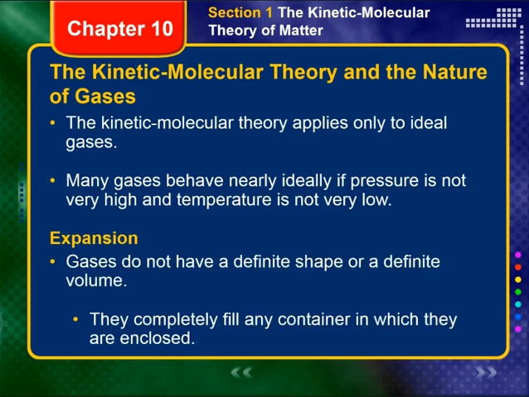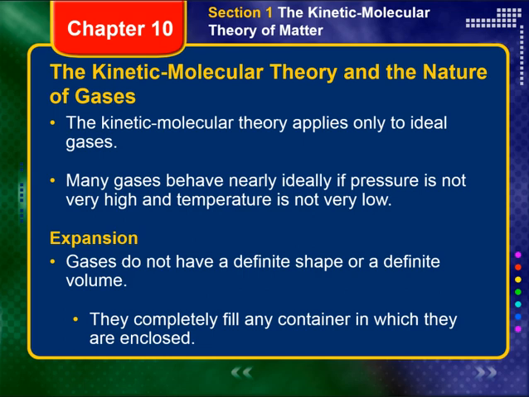So let's look at the nature of gases as explained by the kinetic-molecular theory of gases. We're going to look at those 6 characteristic properties of gases that you need to be aware of. Not only do you need to know what they are, and that gases show those characteristics, you need to be able to explain why gases show those characteristics using the kinetic-molecular theory as an explanation.